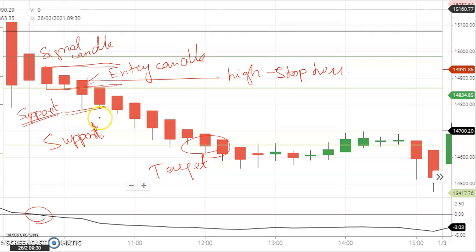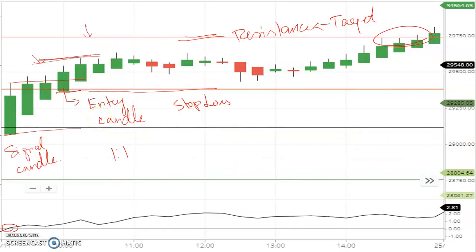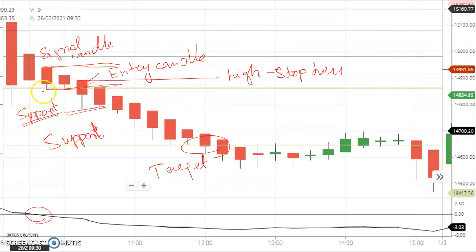One more additional tip or confirmation you can use is to look at the color of the signal candle and the entry candle. When the signal candle and the entry candle are both green, then it should be a strong buy. Similarly, for the sell side, if the signal candle and the entry candle are red, it is one more confirmation that the stock will go further down. So we have a couple of confirmations as well.